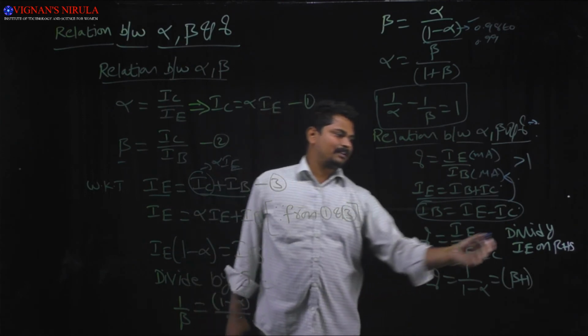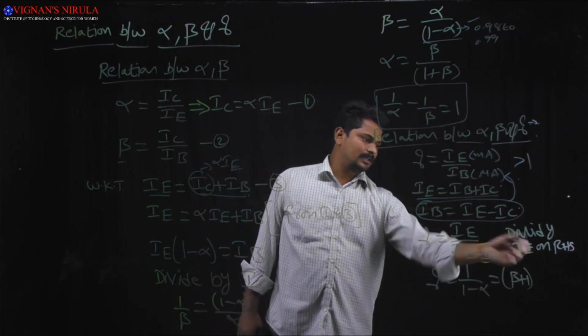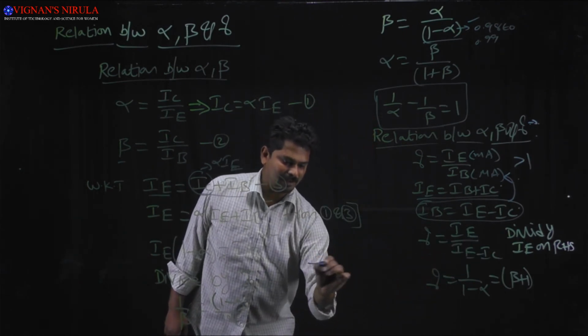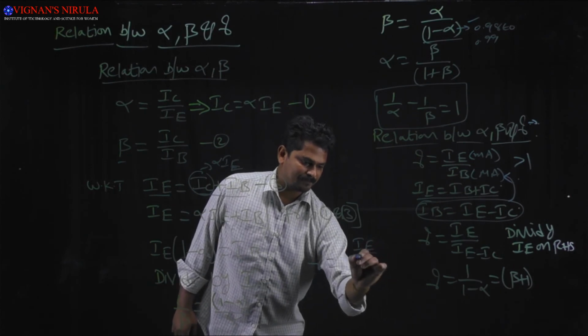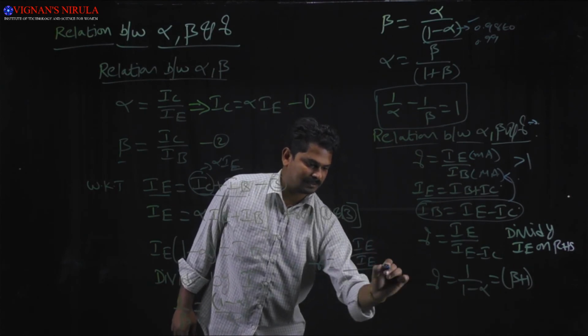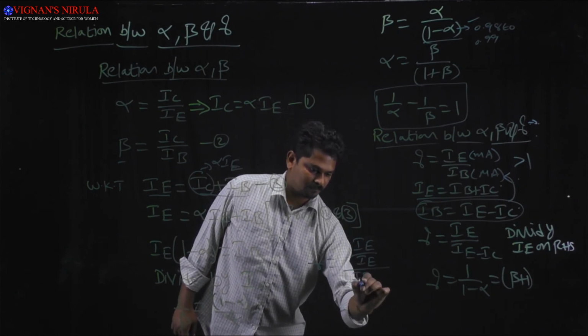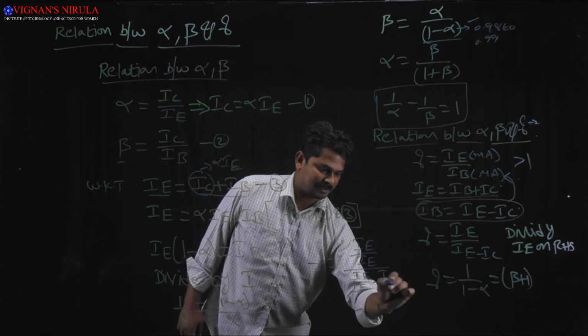When we divide by IE on both sides, on the right hand side, we get gamma equal to IE divided by IE, entirely divided by IE by IE minus IC by IE.